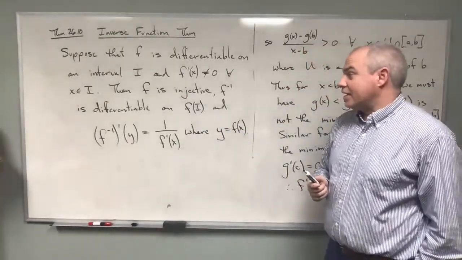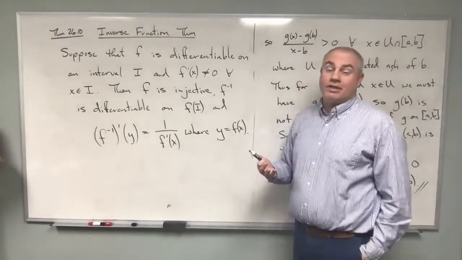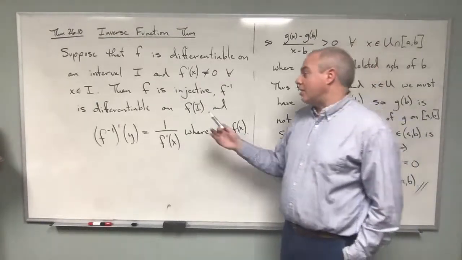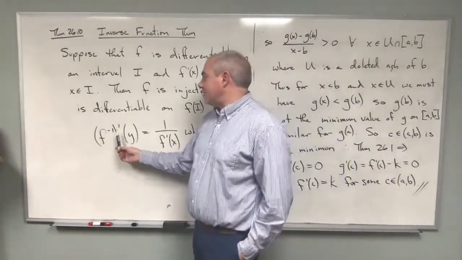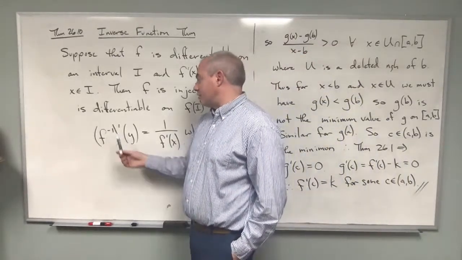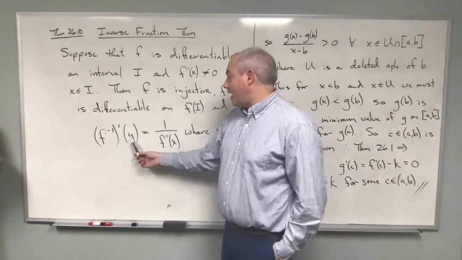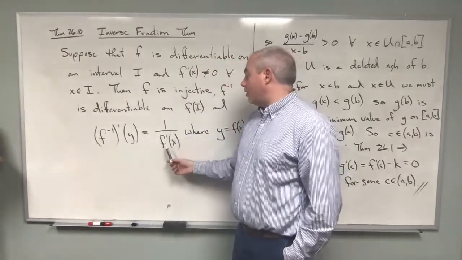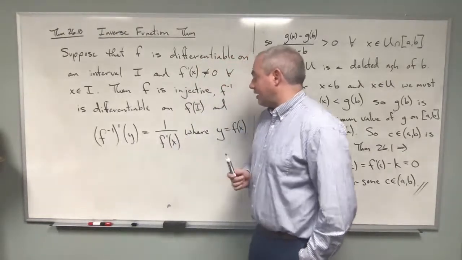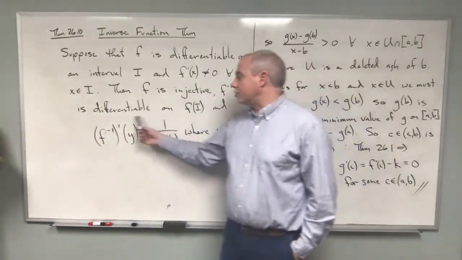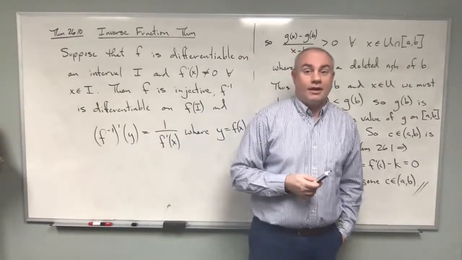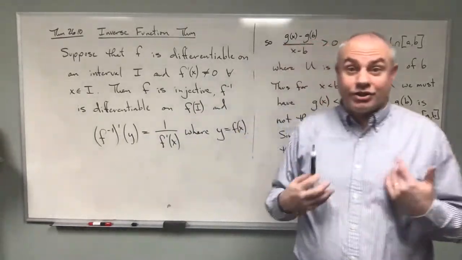That's interesting, and you can think about it as a limit of a difference quotient argument. And then finally, if you want to take the derivative of the inverse function at y, that should be 1 over the derivative at x. This can be very helpful when you're trying to derive derivatives of inverse functions.